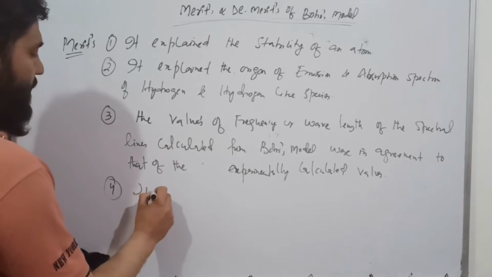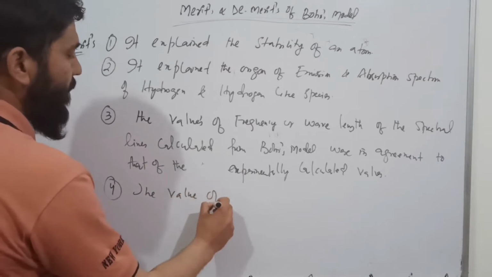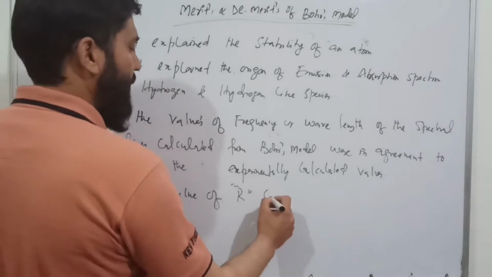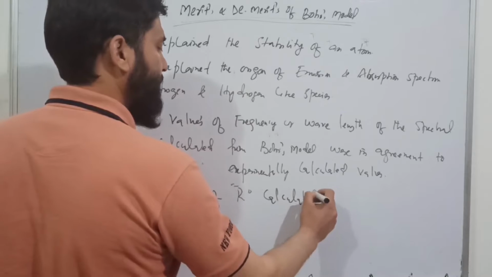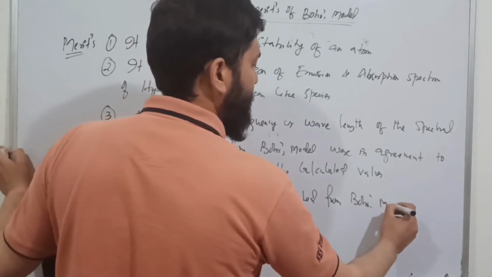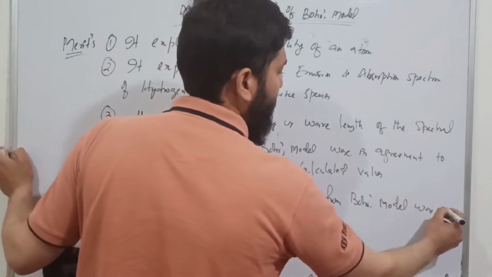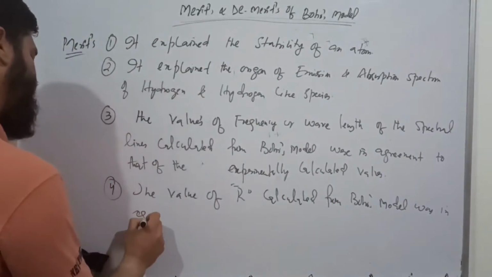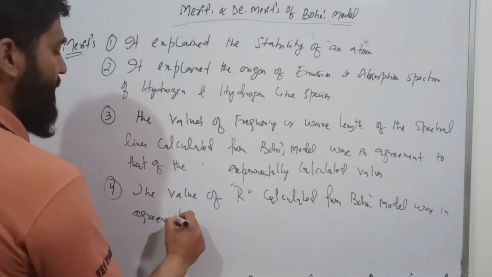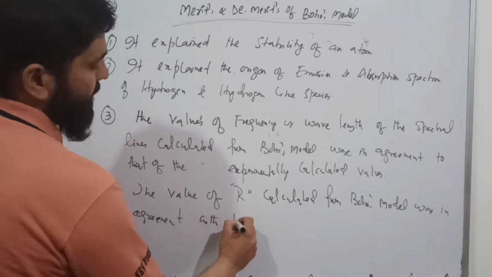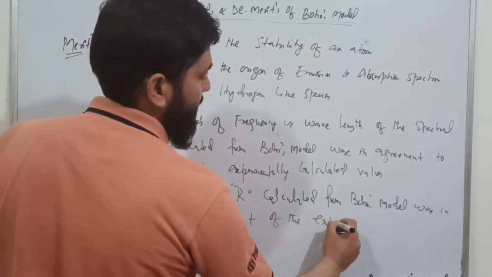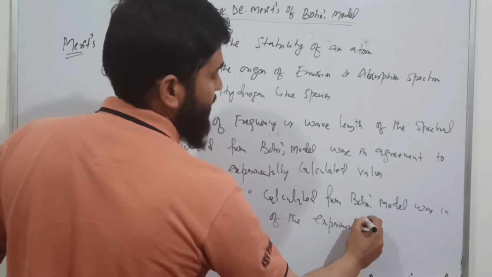Fourth, the value of R, that is Rydberg's constant, calculated from Bohr's model was in agreement, again, with that of the experimental value.